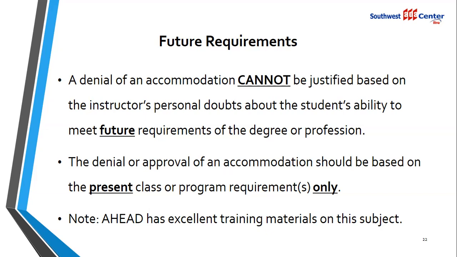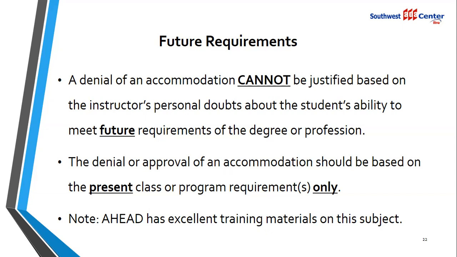Denial or approval of accommodation should be based on the present class or program requirement only. And as the student advances in those nursing classes, then there's that class to look at and accommodations. Then there's the next class to look at and accommodations, and so on and so on. I just want to note that OCR, which I'm going to talk about in a minute, has excellent training materials on this very subject.